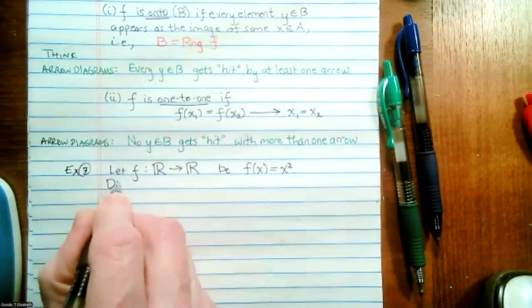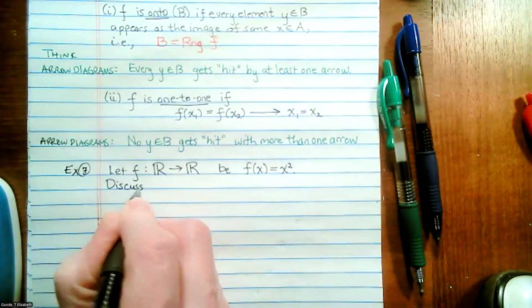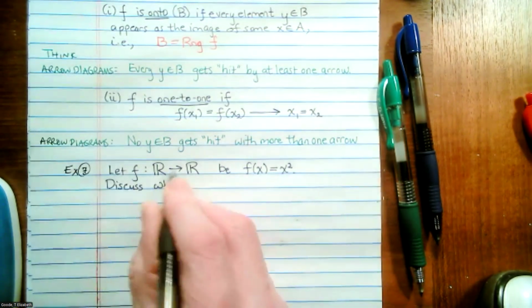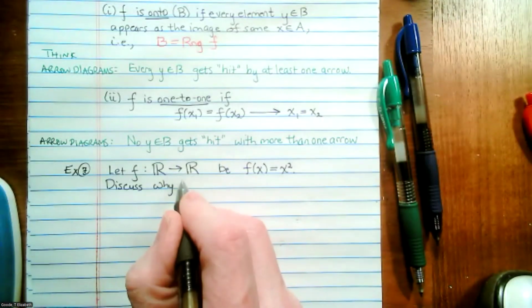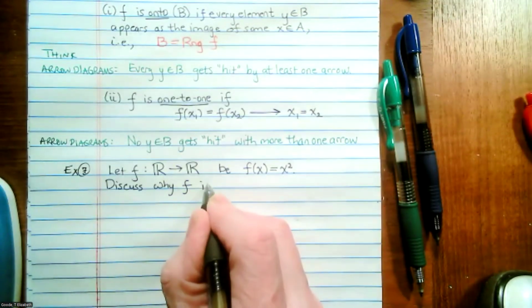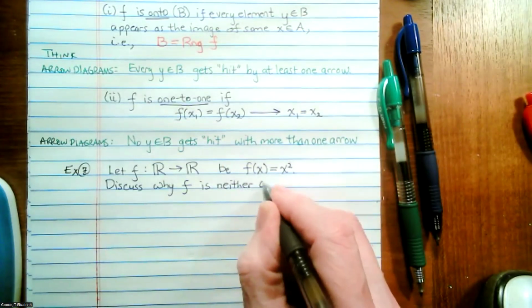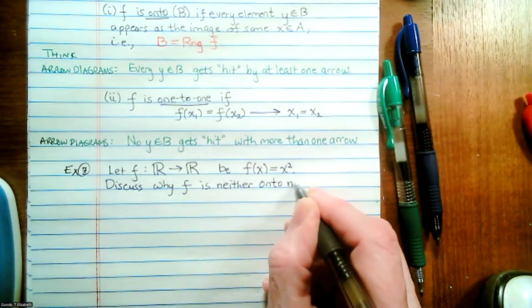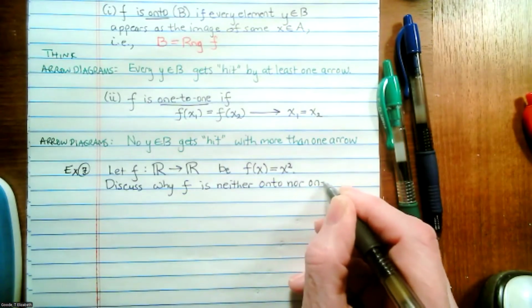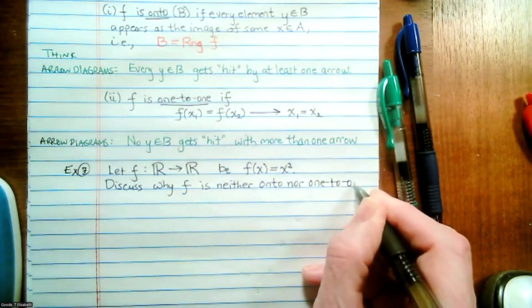And let's discuss why this f of x equals x squared is neither onto nor one-to-one. It helps to look at a picture.